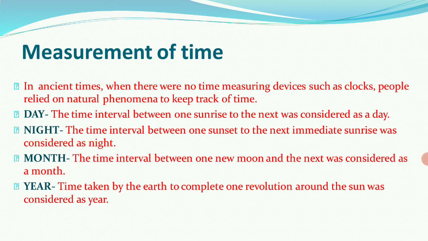The time interval between one sunset to the next immediate sunrise was considered as night. The time interval between one new moon and the next was considered as a month. The time taken by the earth to complete one revolution around the sun was considered as a year.